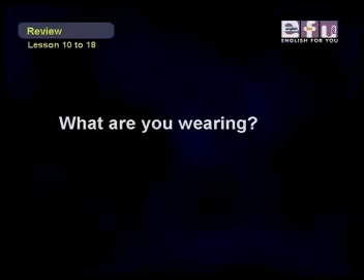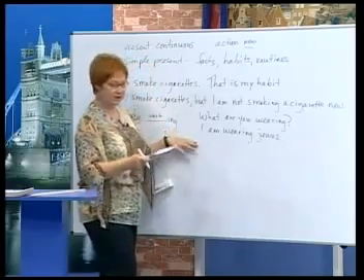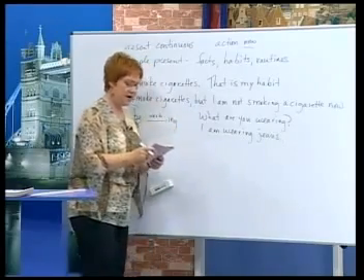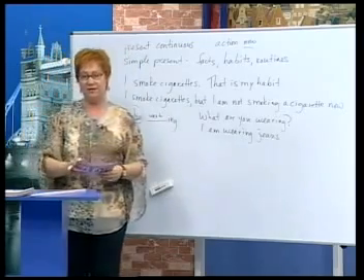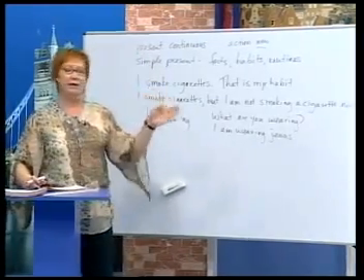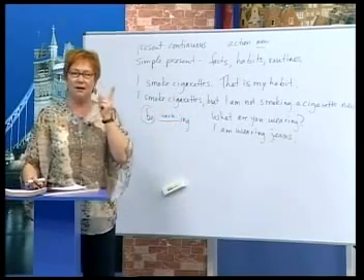What are you wearing? I am wearing jeans. Okay. Now, I'm going to ask some questions. Our assistants will answer them. We are going to look at some pictures on the screen. Now you think about the answers, and our assistants will think too.